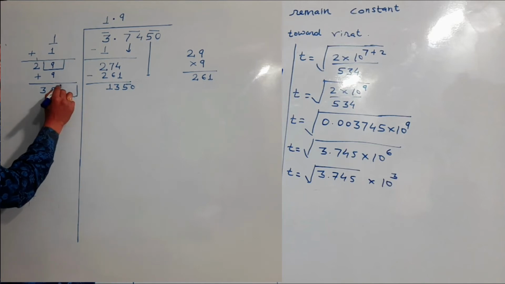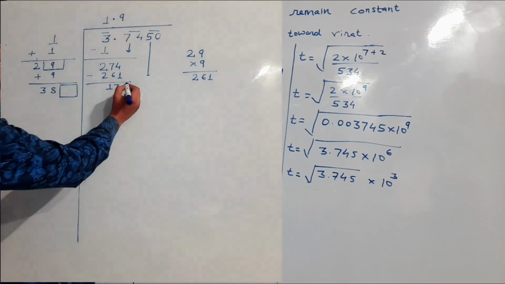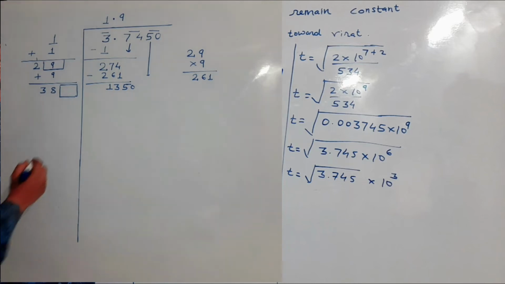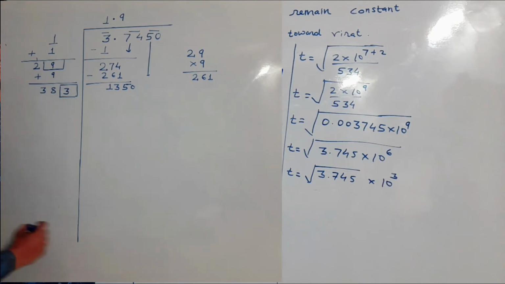Now my dear student, here again we have to find out a digit so that we can multiply the whole number with the same digit and get the value close to 1350. Now my dear student, here we can take digit 3.